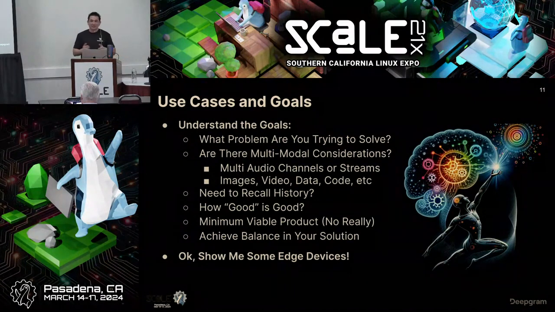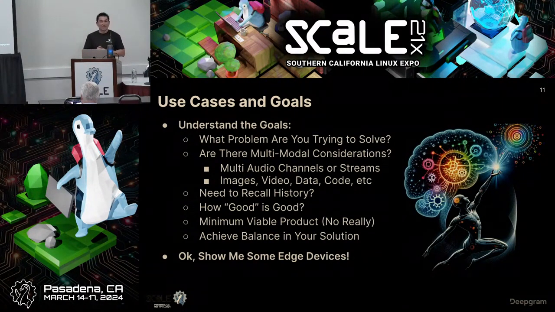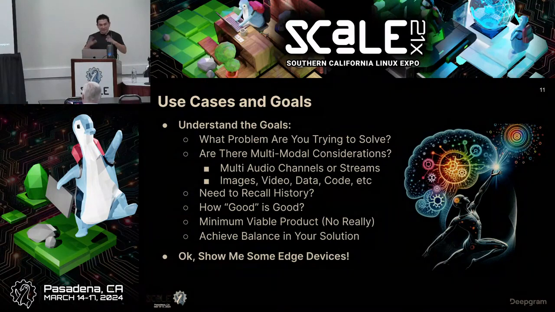And just because you want it to do everything, you might want to consider how good is good. What is good enough, right? If your device can be, I don't know, $50 or $100 cheaper, but maybe there's a 1 or 2 second delay, is that good enough to give you a lower cost? Maybe it's cheaper, the barrier of entry to buy it is lower, and so more users might buy your device. And it doesn't have to be a commercial thing.